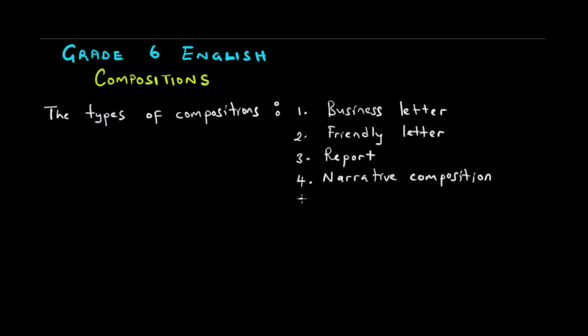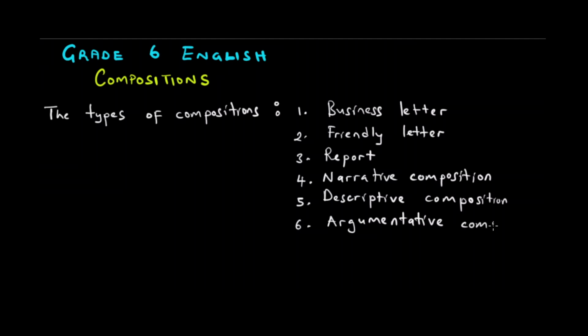Then we have a descriptive composition. We can also talk about what is called an argumentative composition. So these are types of compositions we should be able to write. Then lastly, a speech. We have 7 types of compositions.